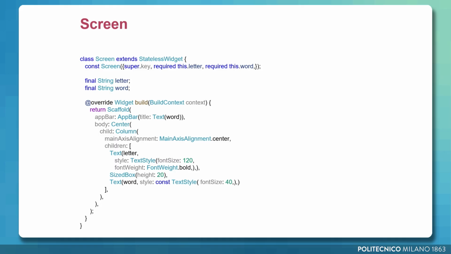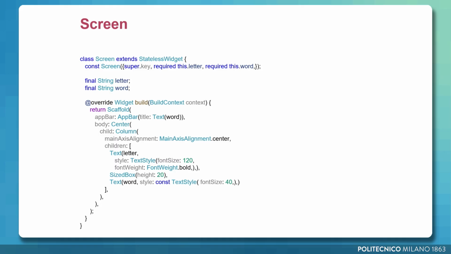We return a standard scaffold with a minimal app bar, whose title displays the word itself. In the body, we use a column centered on the screen. First, we display the large letter using a text widget with a font size of 120 and a bold font weight to make it visually prominent.